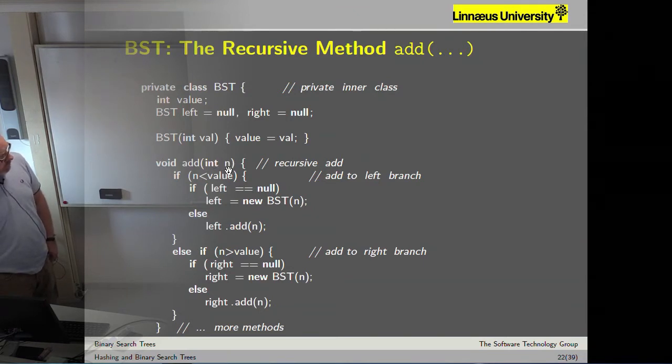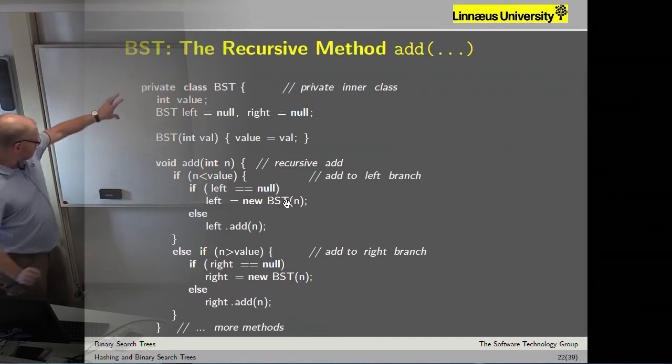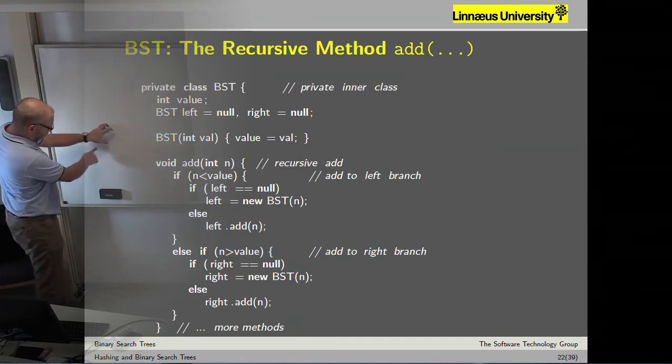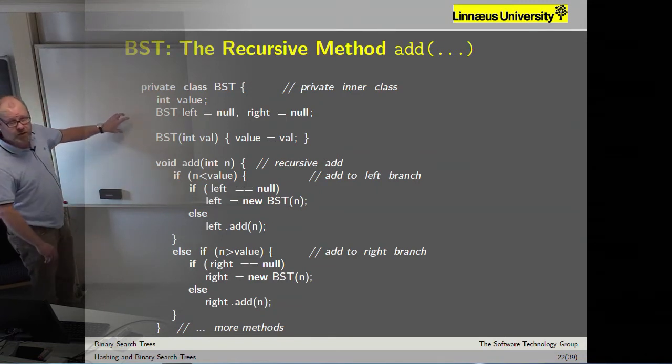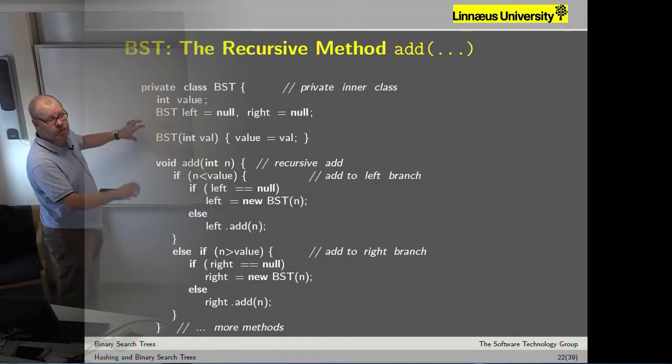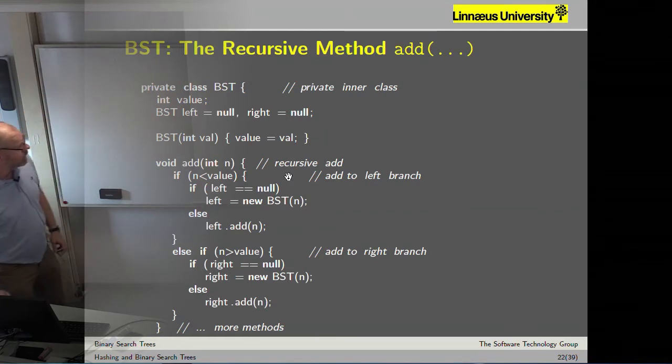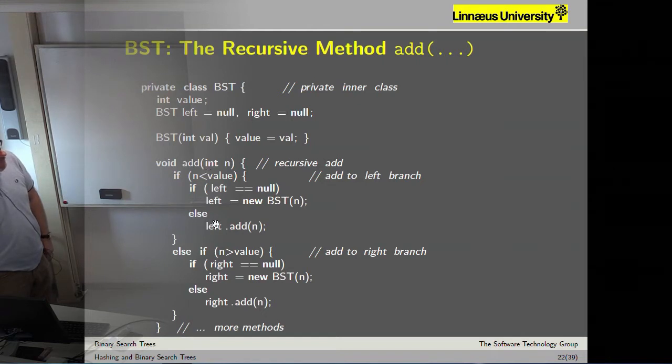If the element I would like to add is smaller than the value, and the left child is null, then I attach a new node. I was reaching the end here, and I would like to go further down, but I couldn't find a node. Then I'm creating a new node and attach it there. Otherwise, the value I would like to add is smaller than the current value, so I'm just asking my left child, add it to yourself.